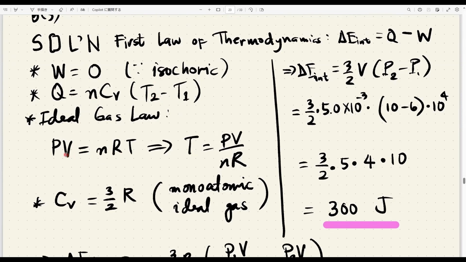Okay, that says PV equals nRT. So for the first temperature here, that's going to be P1 V1 over nR. And the same for the second temperature here. We're just going to change the subscripts. Now notice that V in both cases, V1 and V2, they're actually the same.